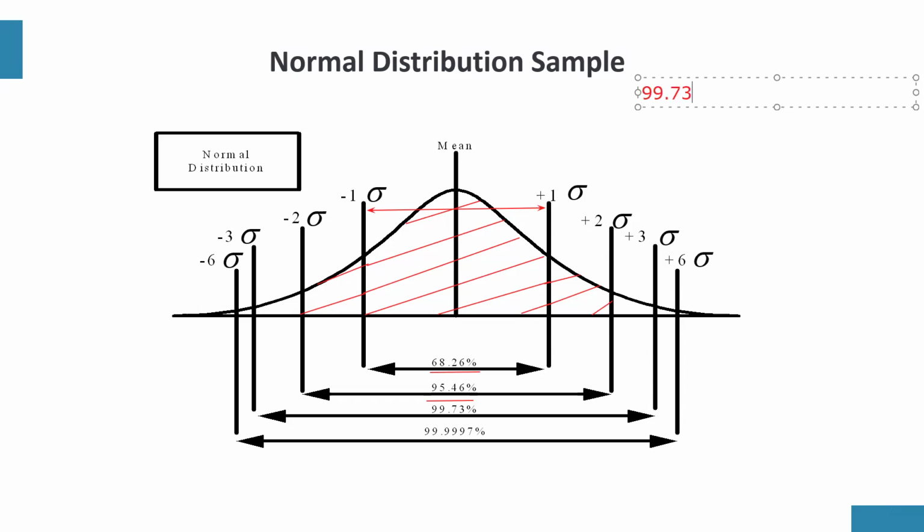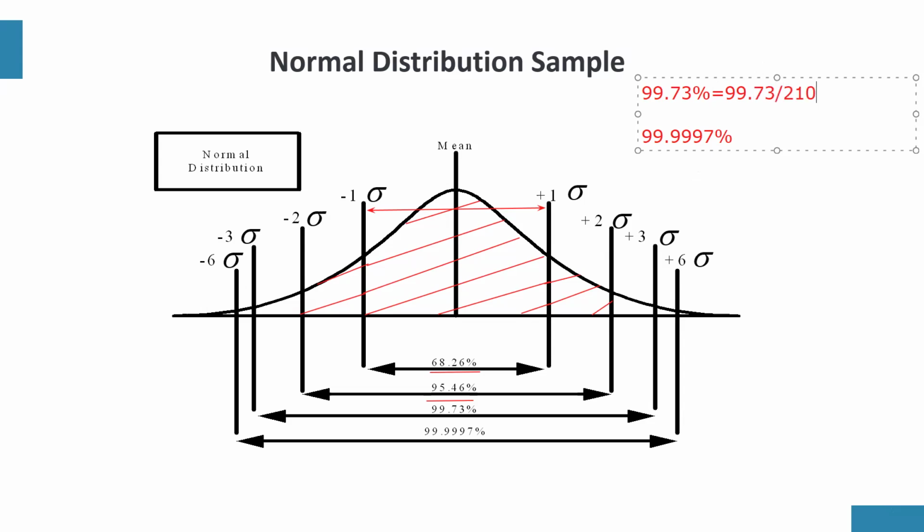Because if you look at 3 sigma, it is 99.73%, right? And 6 sigma is 99.9997%. So is there any difference between 3 sigma and 6 sigma? Well, it might not look as if there's a difference, but if we remove the decimal point, we might actually see whether there's a difference or not.